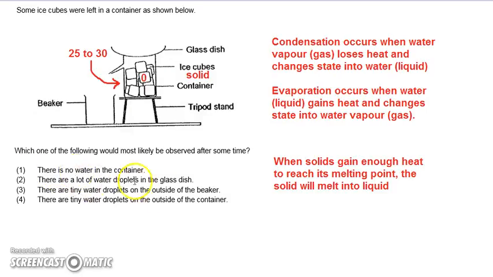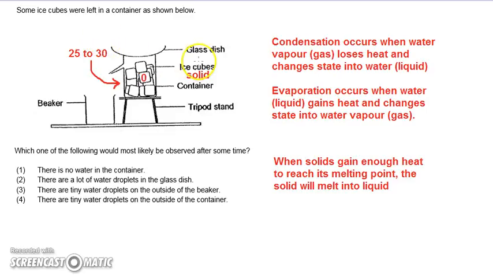Now, there are lots of water droplets in the glass dish. What it is trying to say is that there will be lots of water droplets in the glass dish. This would only be true if the water vapor in the surrounding air touches a colder glass dish.